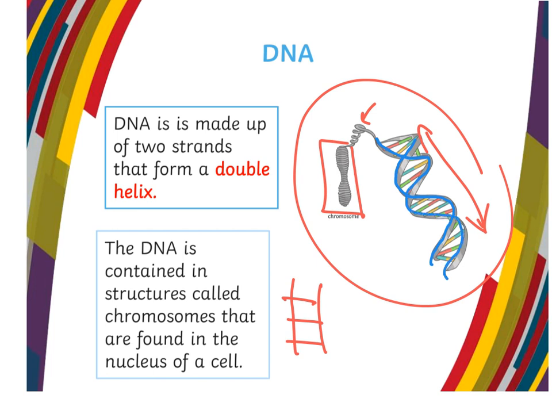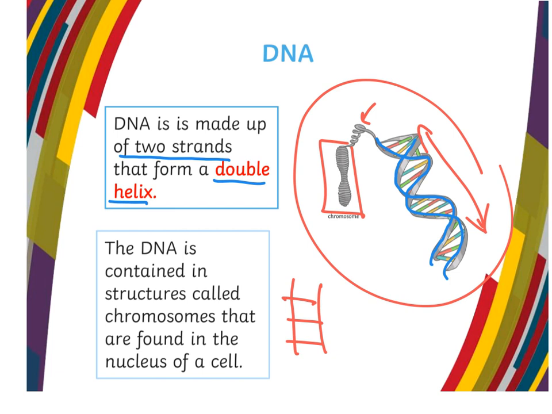So actually it is made from two strands. And that's a really key point about understanding the structure of DNA. It is made from two strands and they form this special shape called a double helix. Now I've done that in a different colour to make it stand out because it is so important. Whatever questions you might be asked in the future about DNA, double helix usually forms most of the answers.